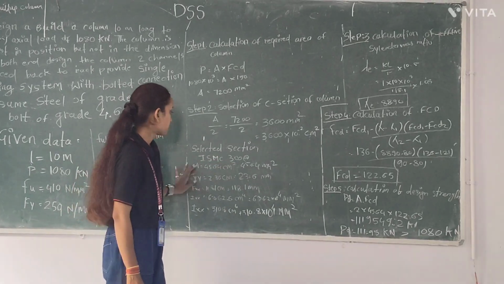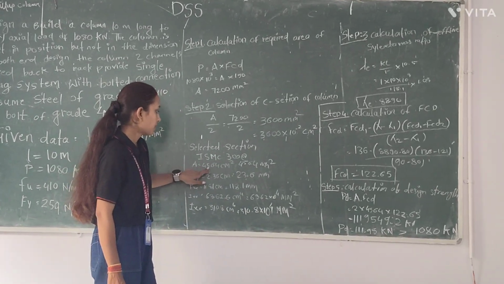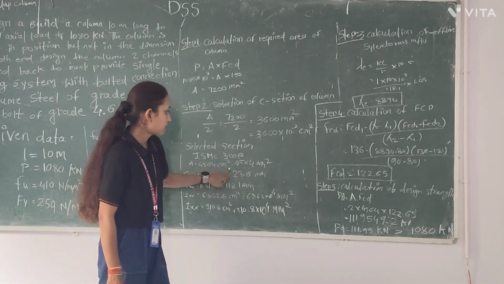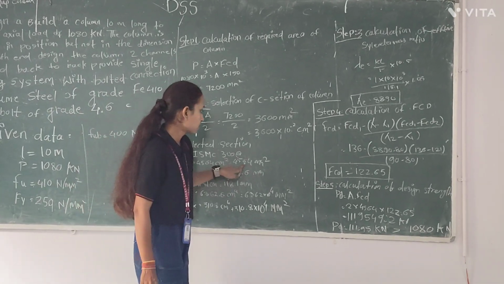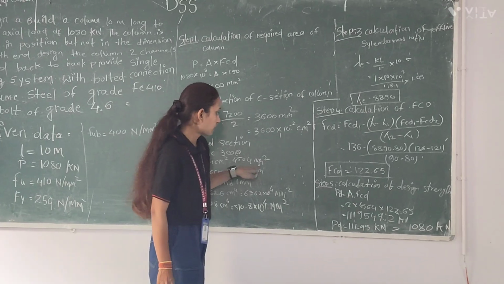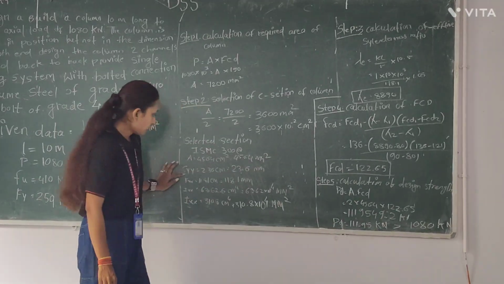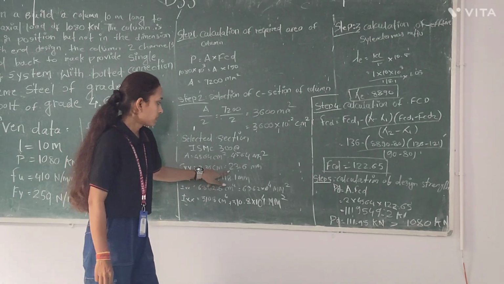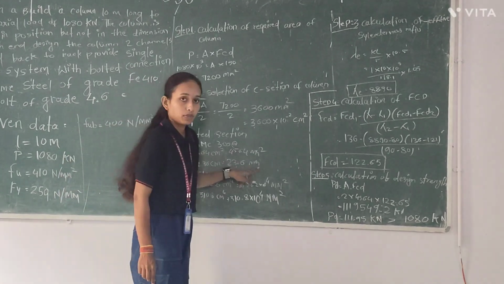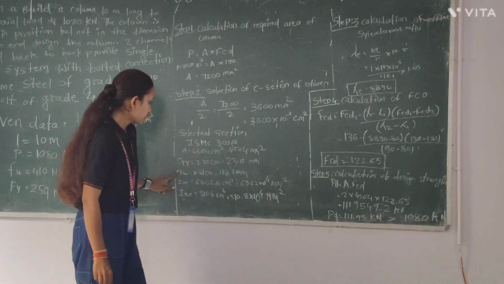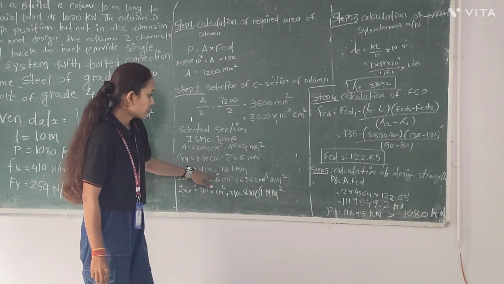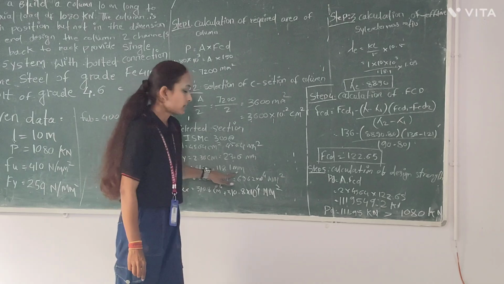ISMC 300. Area is equal to 45.64 centimeter square, converted to mm square. Cyy is equal to 2.36 centimeter, converted to 23.6 mm. Rxx is equal to 11.81 centimeter, converted to 118.1 mm.